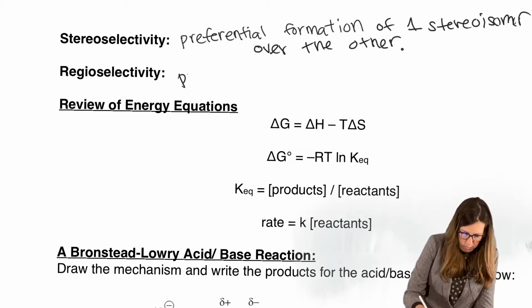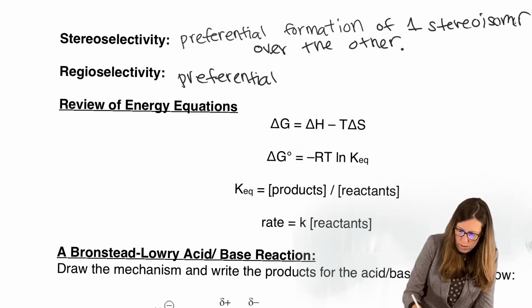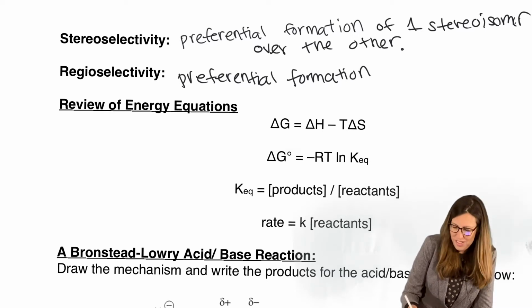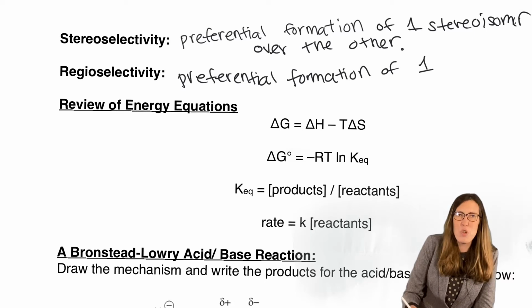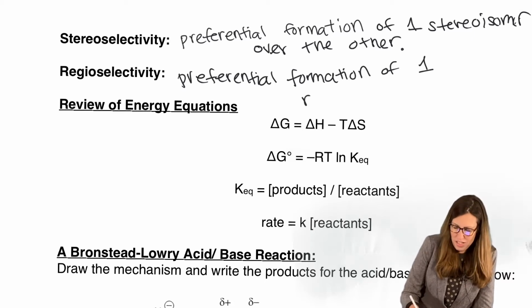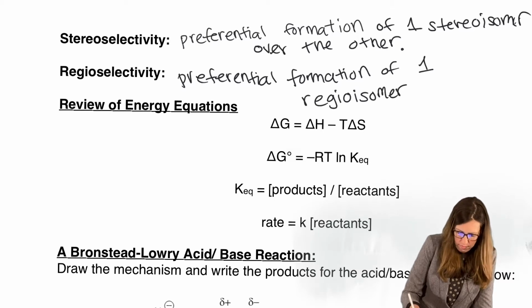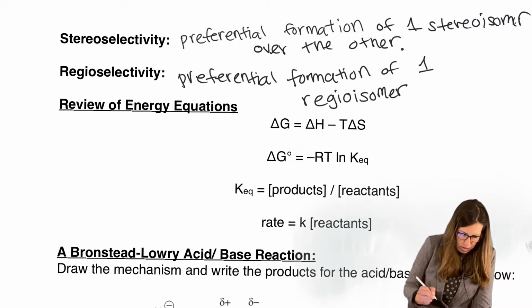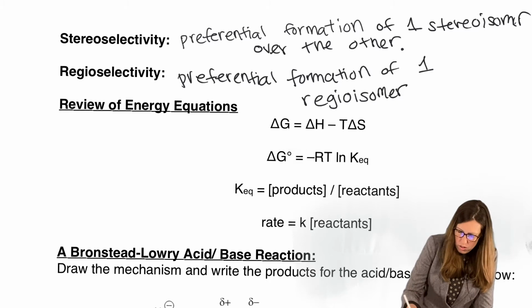Regioselectivity: preferential formation of one regioisomer, constitutional isomer, over another.